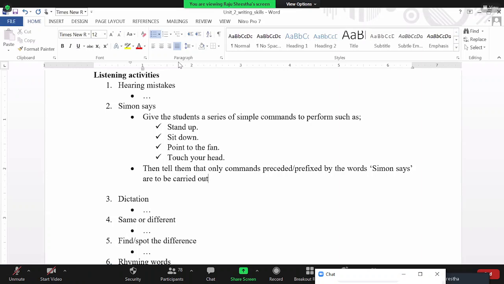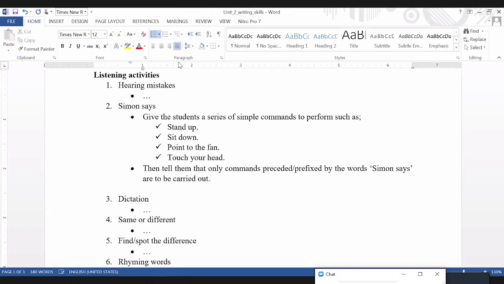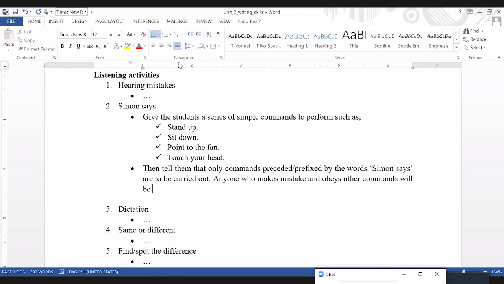Anyone who makes a mistake and obeys other commands will be out from this activity.